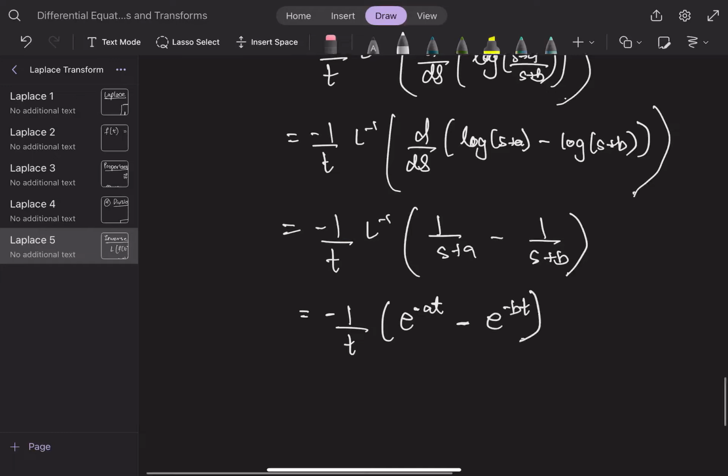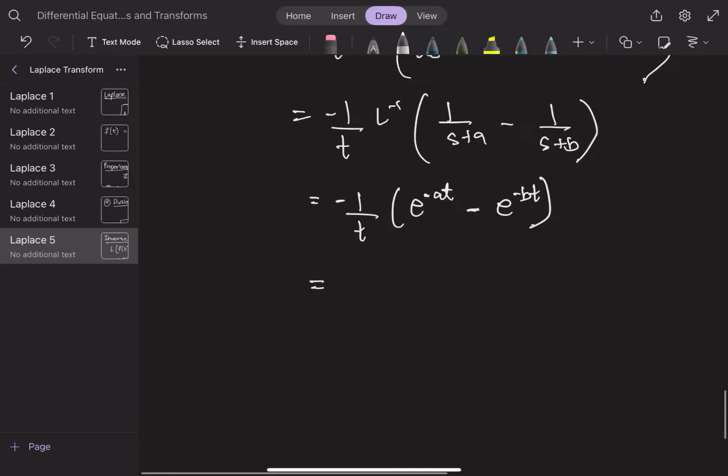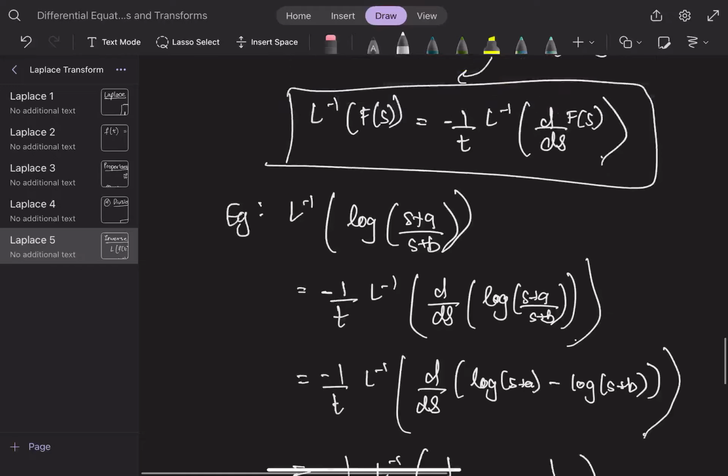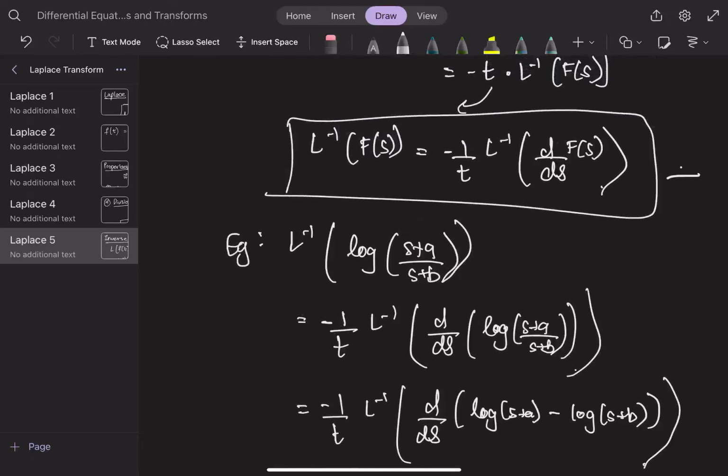So you can take the minus sign inside and you can directly write it as (e raised to minus bt minus e raised to minus at) divided by t. This is the answer. So whenever you have log or tan or cot, we do not know the Laplace inverse directly, so you will be using this formula. So you can take out the derivative and use the Laplace inverse of that instead.